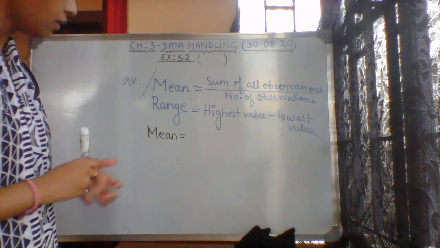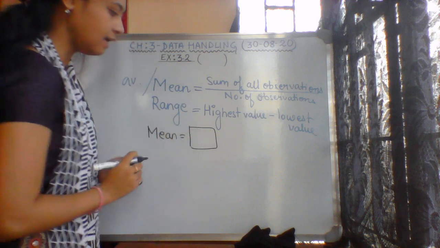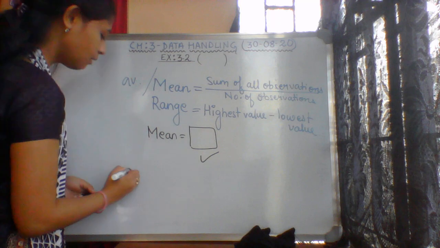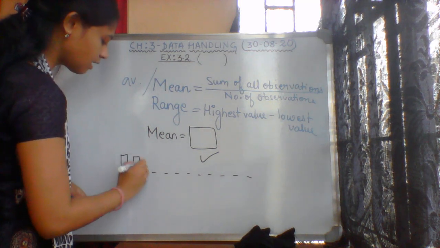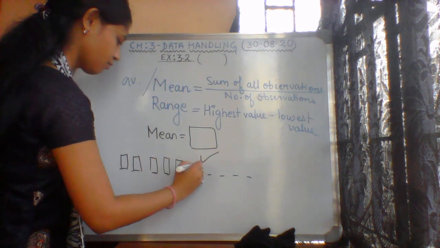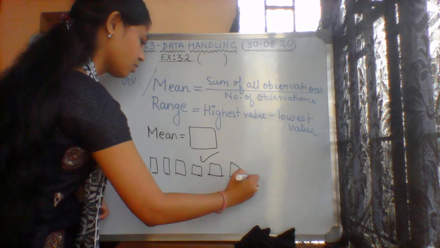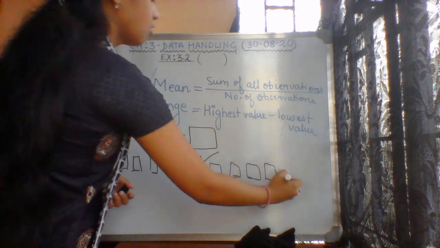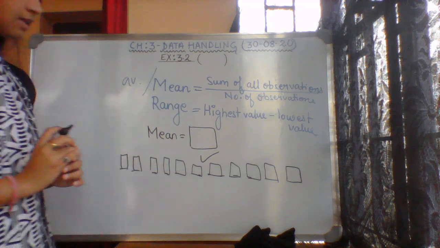Finally, isn't the mean value coming in between the observations? Suppose there are 10 or 11 observations, like that.